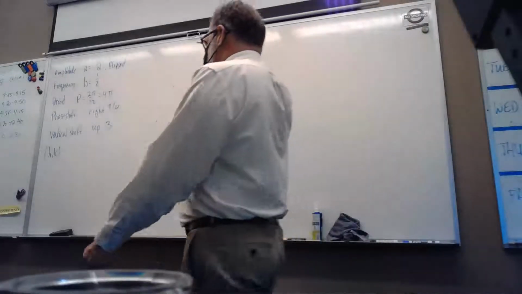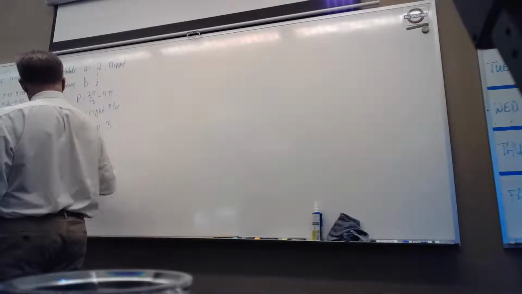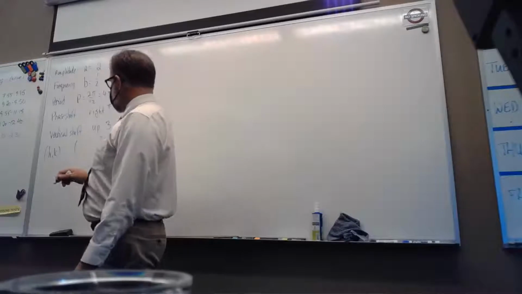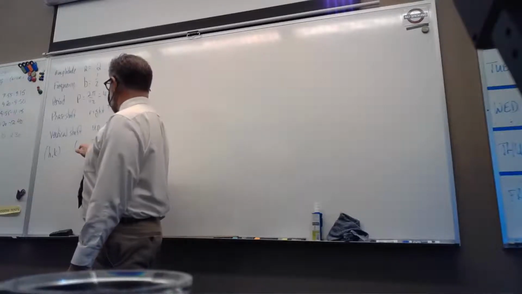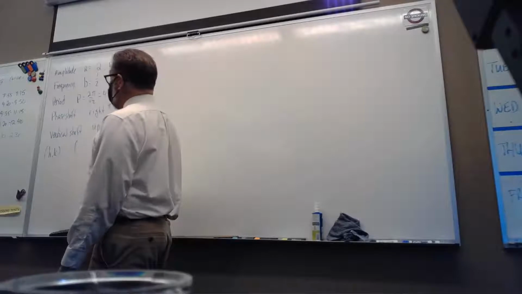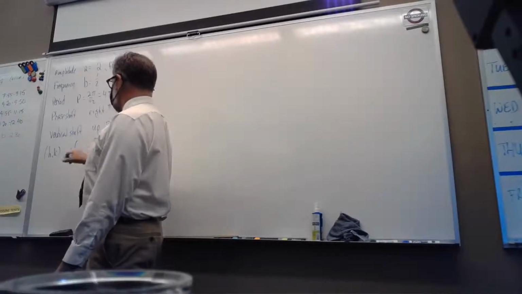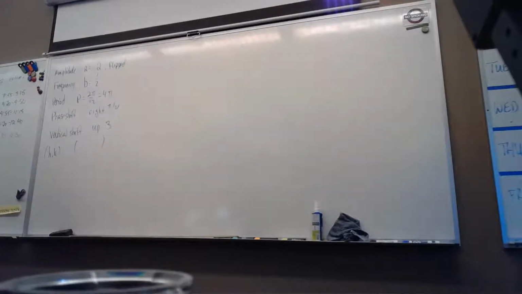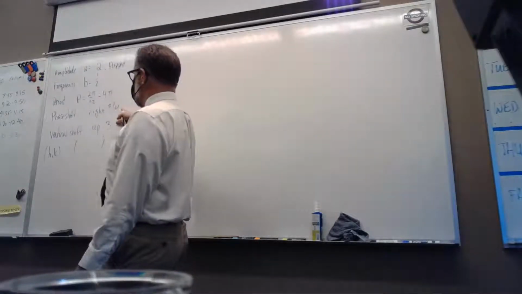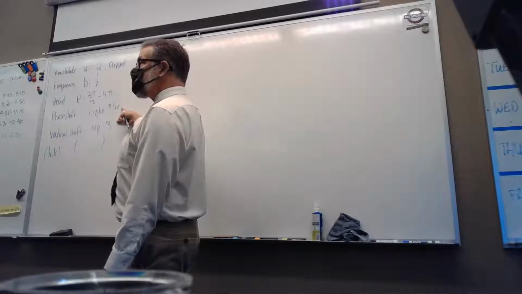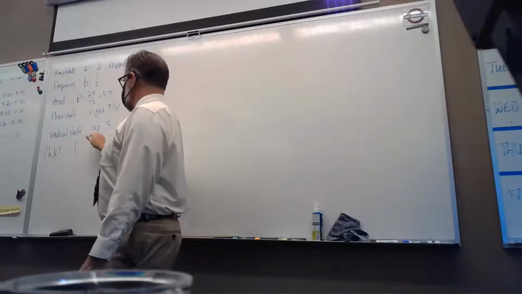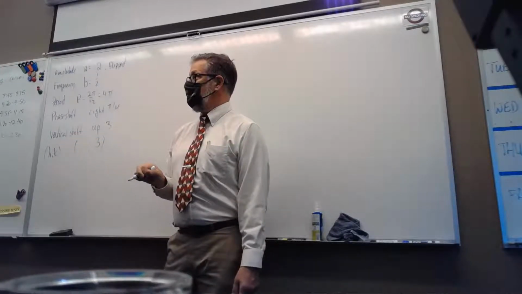Levi, h comma k. I don't know where any of those numbers came from. Started at 0, 0, right, Levi? And then we started moving it around. Where did that point 0, 0 move to? Oh yeah, 0, 3.